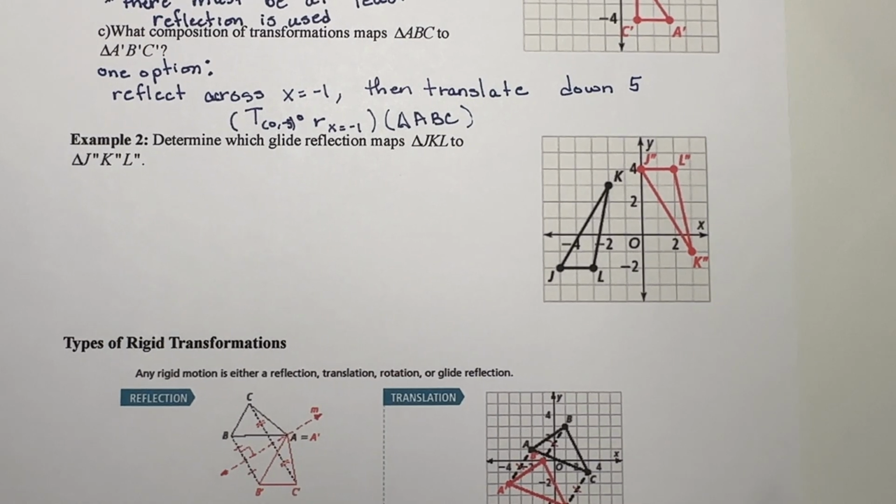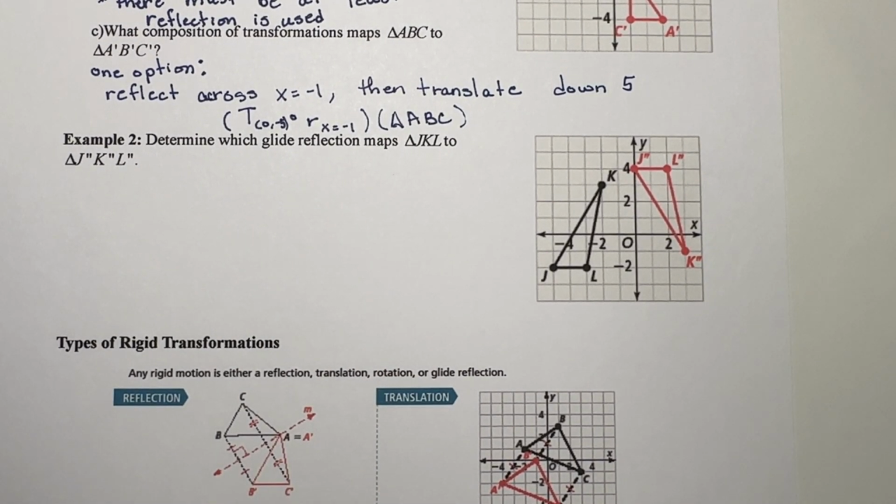All right, here's our other example for today before you go in to do your notes. And this one is determine which glide reflection. When they say glide reflection, that means you're going to do at least one reflection and at least one translation, will result in JKL mapping to J double prime, L double prime, K double prime.